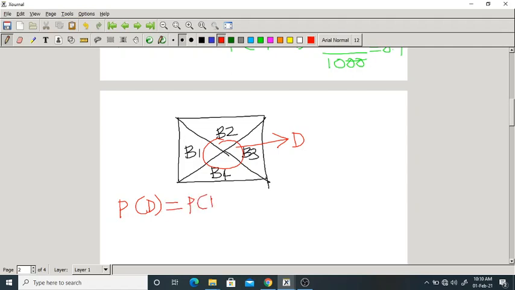The probability of D is the probability of B1 into probability of D given B1.